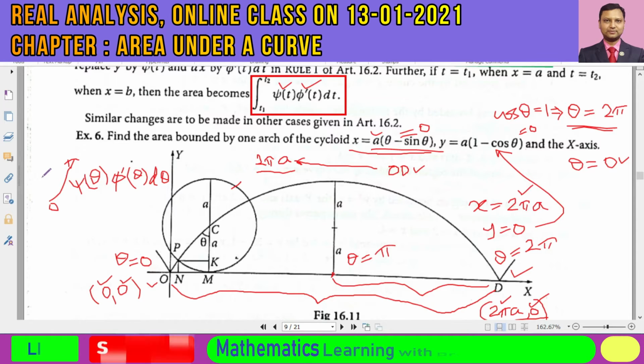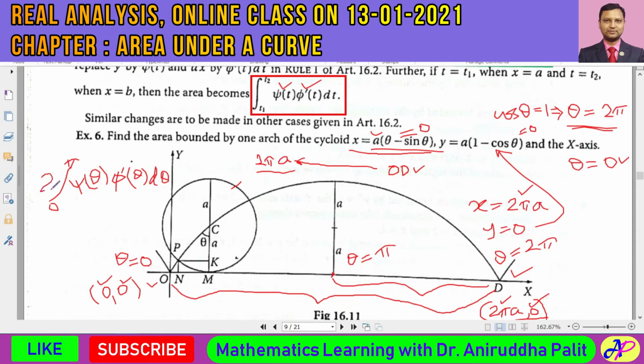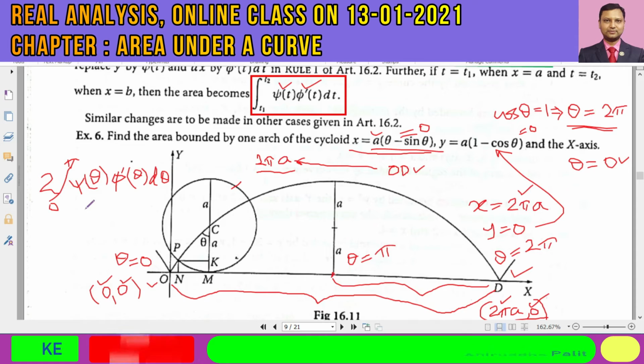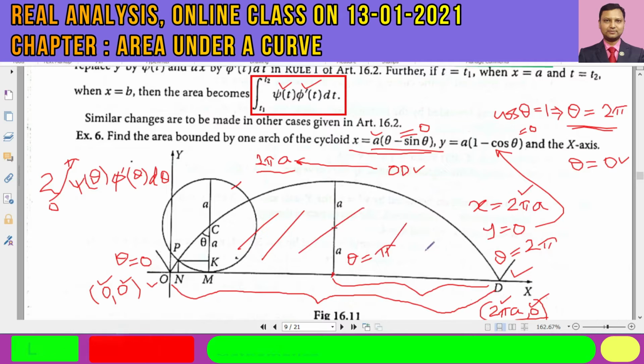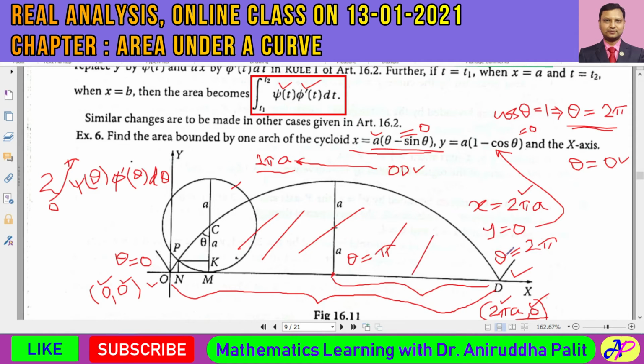And then afterwards just multiply this expression by 2. Even then you will be able to find out the area of this cycloid, this total area under this cycloid. Got it? So in this way you can find out the area under this cycloid.